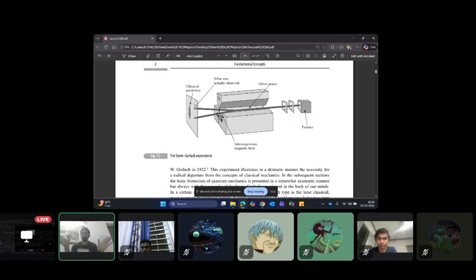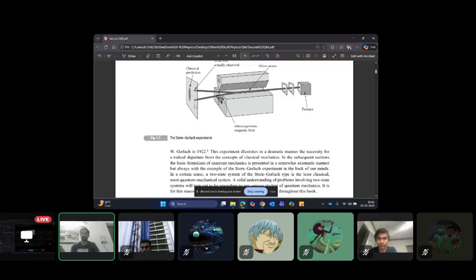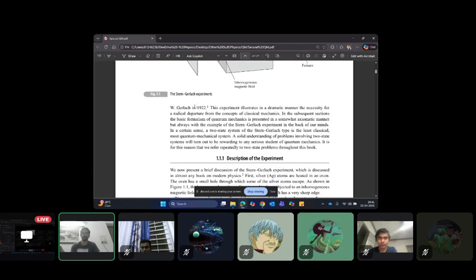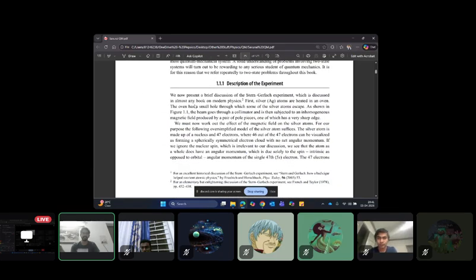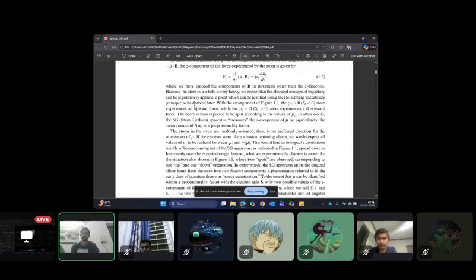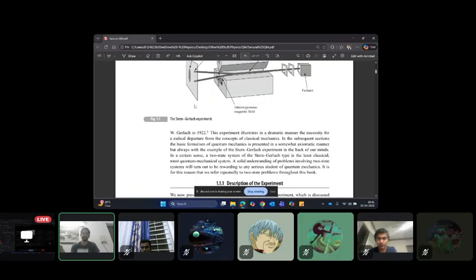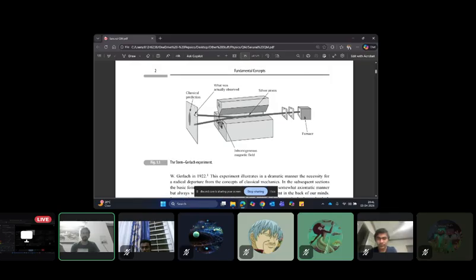It defies the classical predictions. So we questioned it and we came up with the term we discussed, which was the spin, right? Quantum spin, and it is what results in these two positions on the screen.